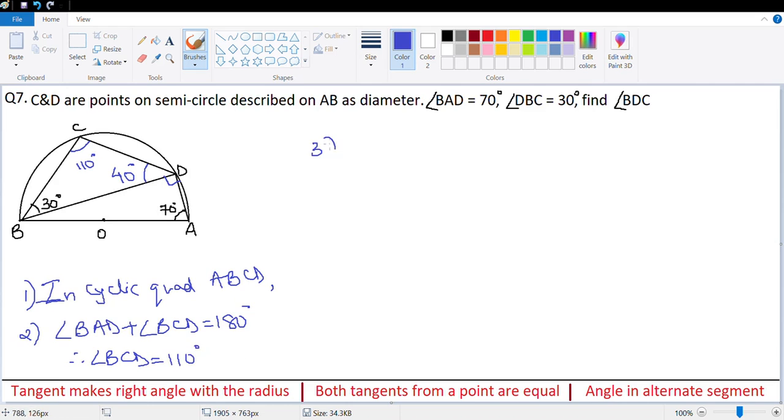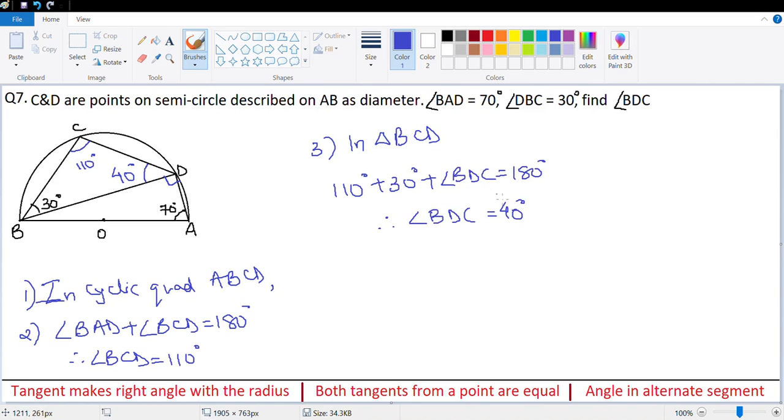Number 3, in triangle BCD, 110 degree plus 30 degree plus angle BDC is equal to 180 degree. Therefore, angle BDC is equal to 40 degree. Simple one, but we've solved it already.